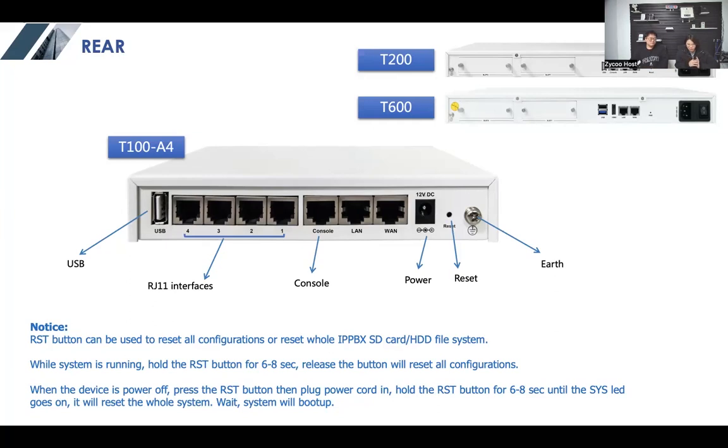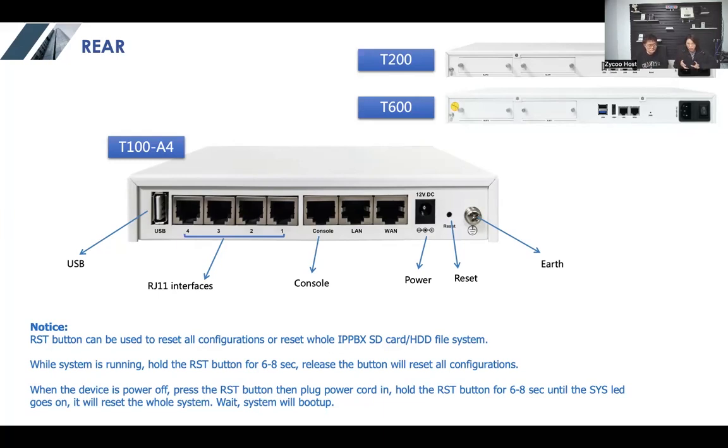And then moving a little bit towards the right, we have the RJ11 interfaces. So that would be the FXS or the FXO interfaces, depending on the module that you pick. On the T100, since it is an onboard module design, if you need to replace the module, you do need to unscrew the box, open the shell and replace the modules inside.